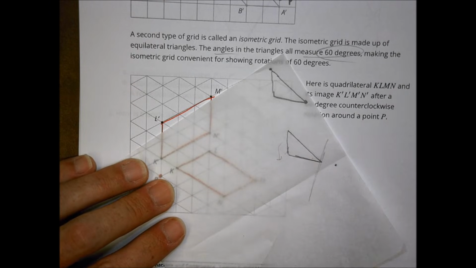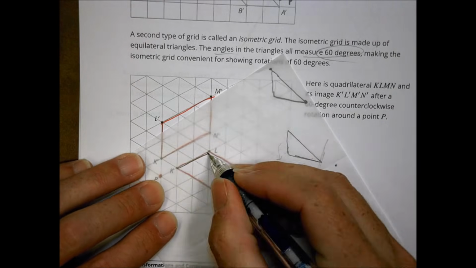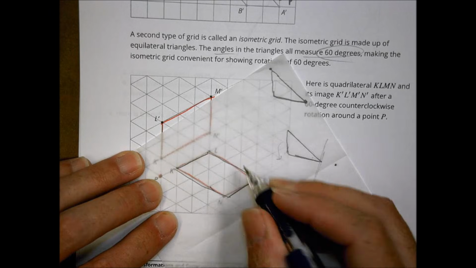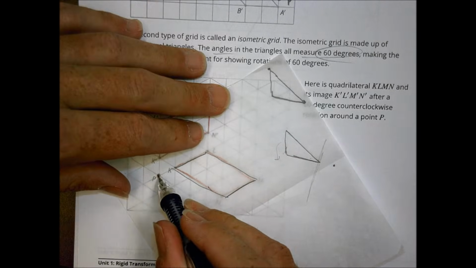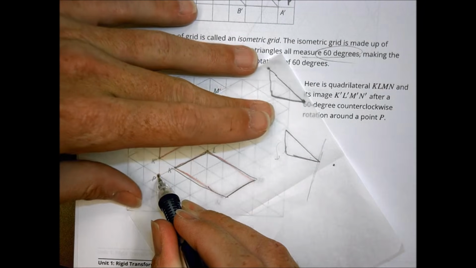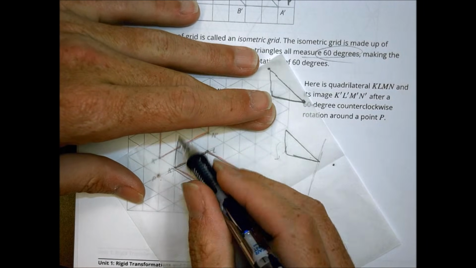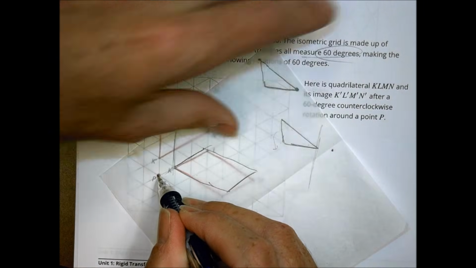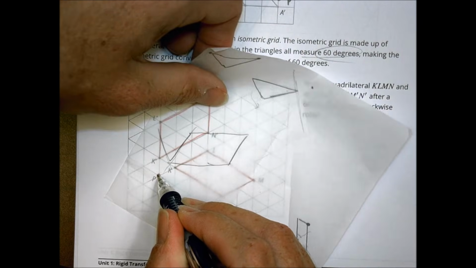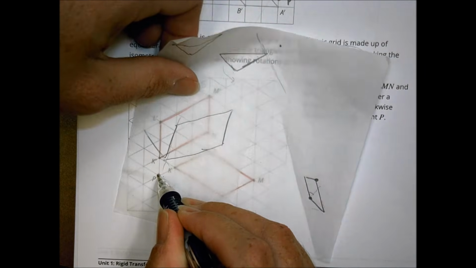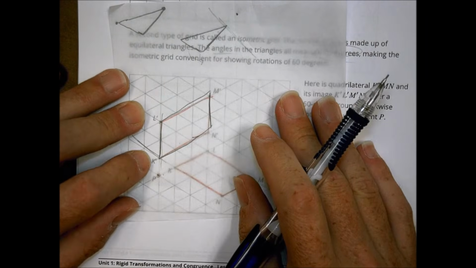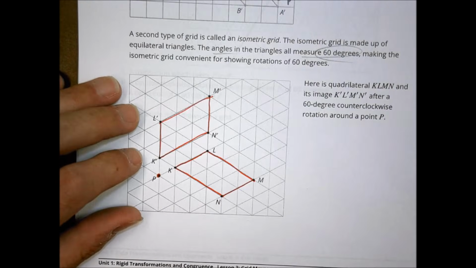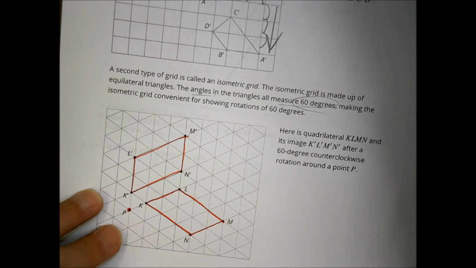Again, that's the same idea: we take this shape and draw it like so. We put our pencil here and go counterclockwise 60 degrees. So instead of being on this line, I want that base to go right there on that line. So I'm going to go all the way to there, and it hits that parallel line, and there we go. So that's what I have, 60 degrees. Okay, so that's a little quick review of the lesson.